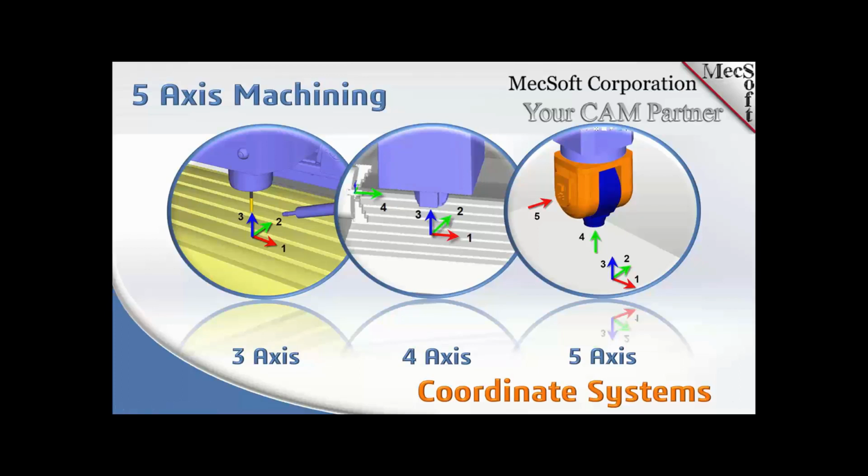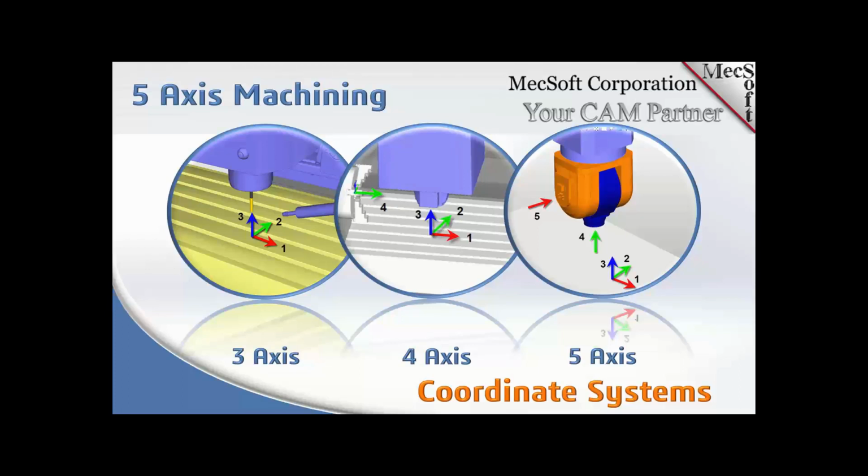Now, the first thing we want to talk about is the different coordinate systems in a 5-axis machine. What you see here on the left is a typical 3-axis setup where you have X, Y, and Z being the three primary axes. In the middle, you have a 4-axis setup.